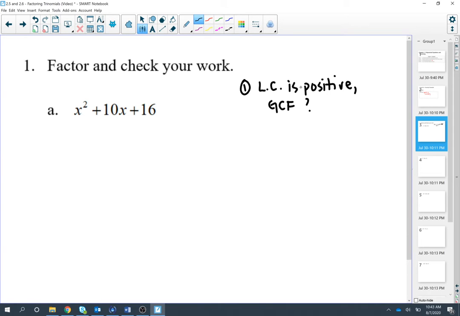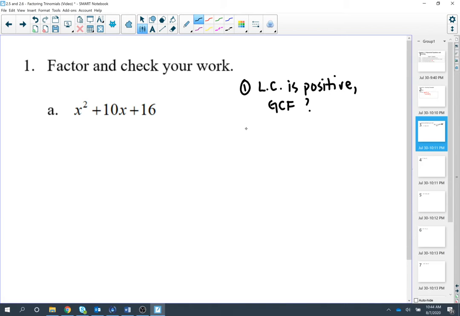So I don't need to worry about that. And then I'm going to look, is there a greatest common factor between an x squared, a 10x, and a 16? If there is, then you need to take it out. So x squared has a 1, a 10, a 16. There's nothing in there that I can take out. X squared, x, no x. So step one, we've looked at it. We don't have to do anything about it.